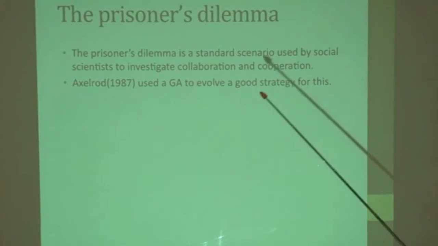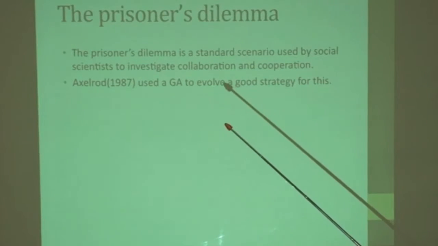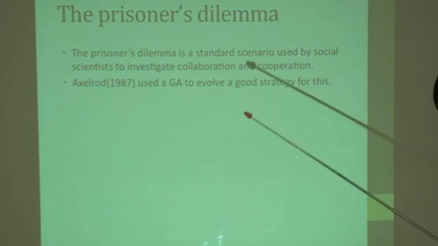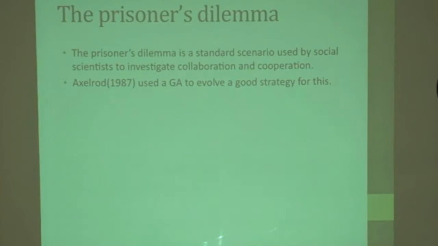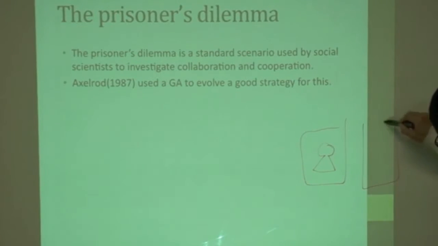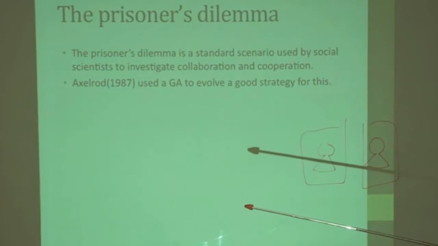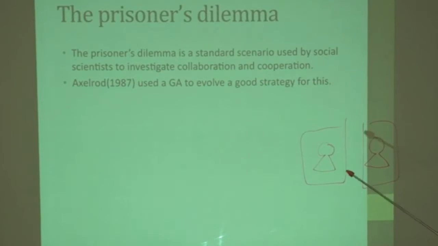The story of the prisoner's dilemma is that two prisoners are held in separate cells, and each prisoner is asked independently to betray the other.